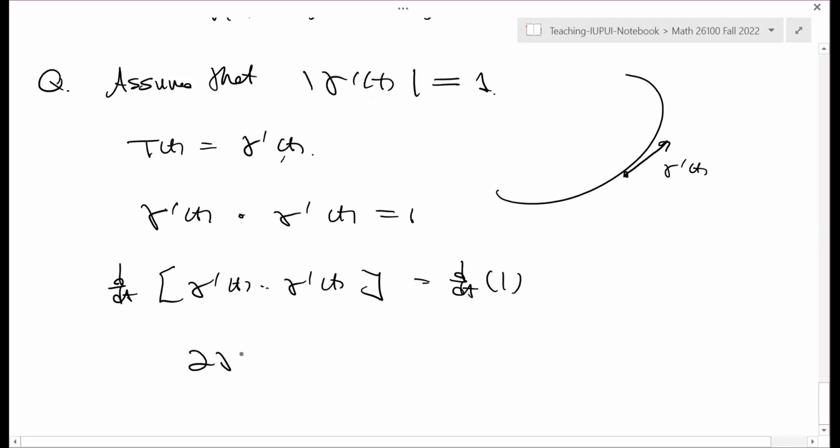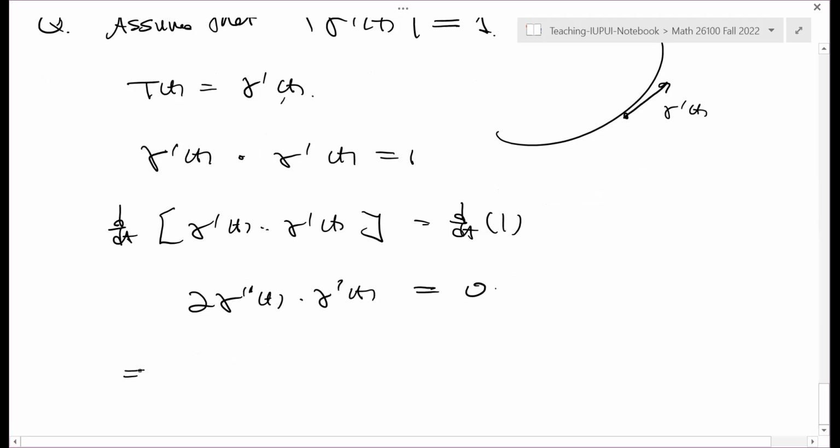You get twice gamma prime t dot gamma double prime t. The right hand side is 0. So what does that tell you? This is the second derivative. So the second derivative actually is perpendicular to the first derivative. Okay. So you get a vector.